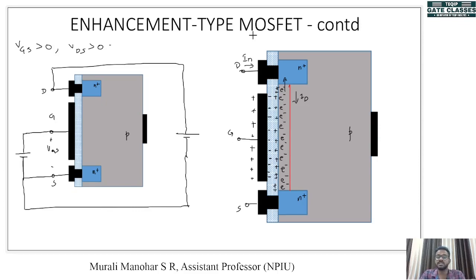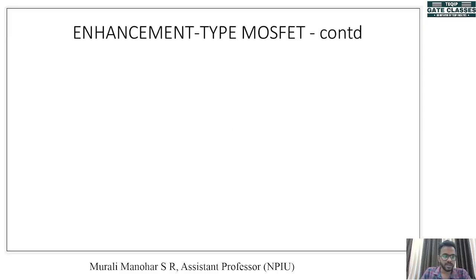If we increase VGS, the number of electrons inside the channel will increase. That will increase the electron gradient and that will make the current increase. So an increase in VGS will cause an increase in current, but if we keep VGS a constant and increase VDS, it will eventually make the device go into saturation. Now the characteristics of this enhancement type MOSFET will look like this. Output characteristics here.